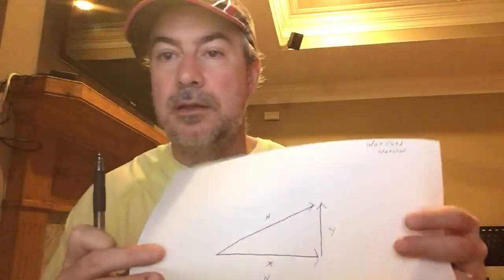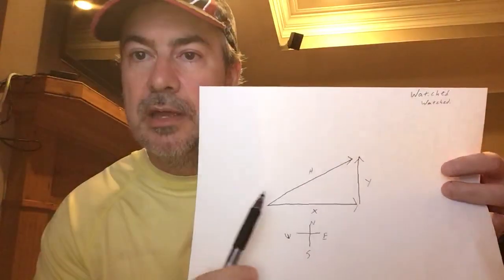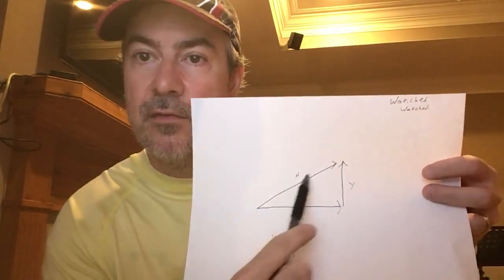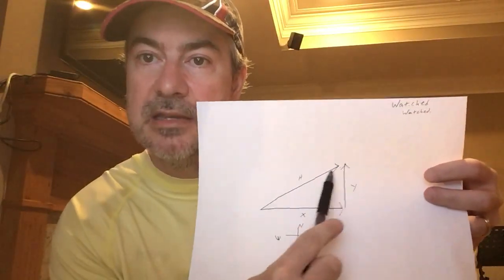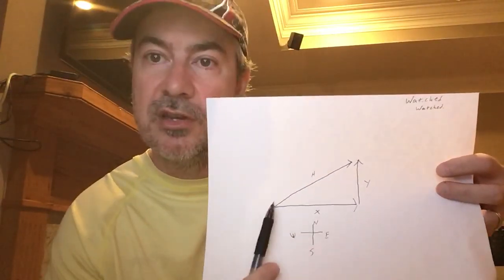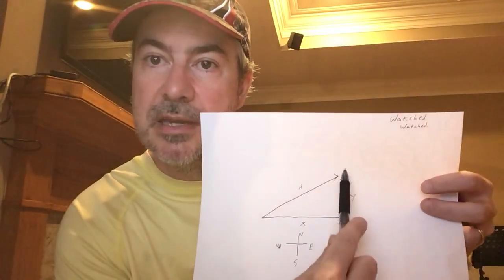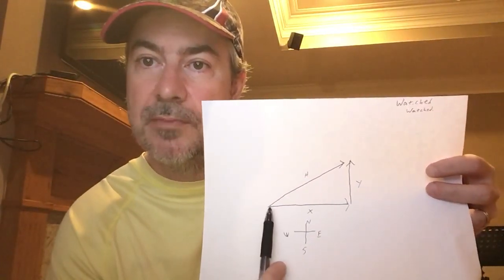So distance, going back to our original example, how far did I walk? If I take this route, this would be my distance because direction didn't matter. This would be my displacement where direction mattered.